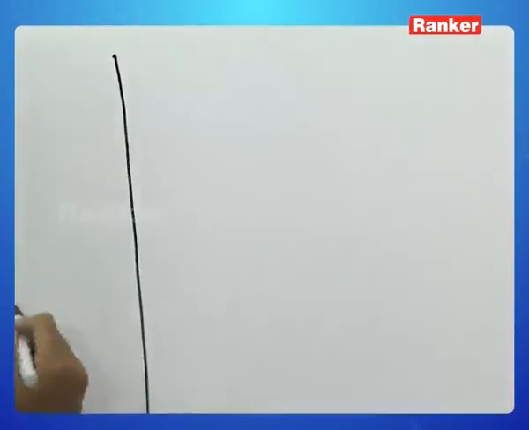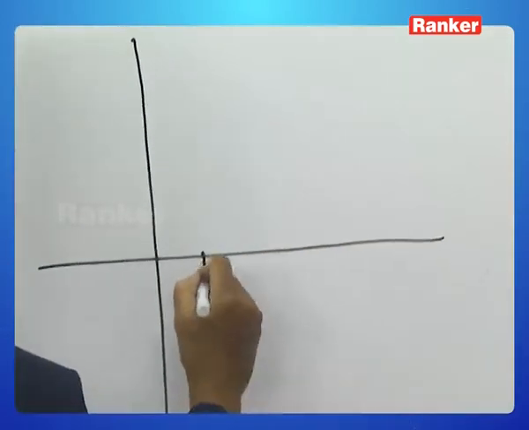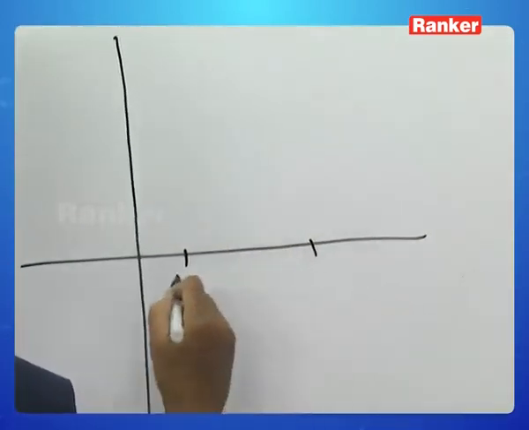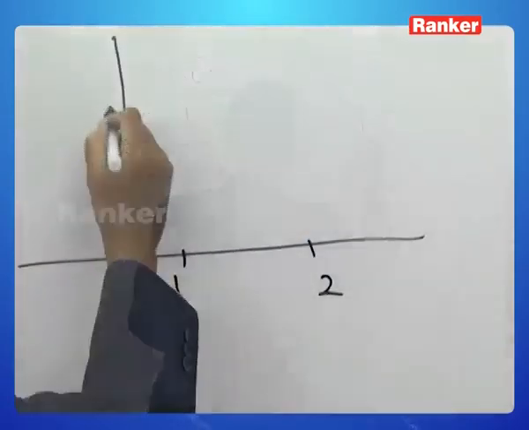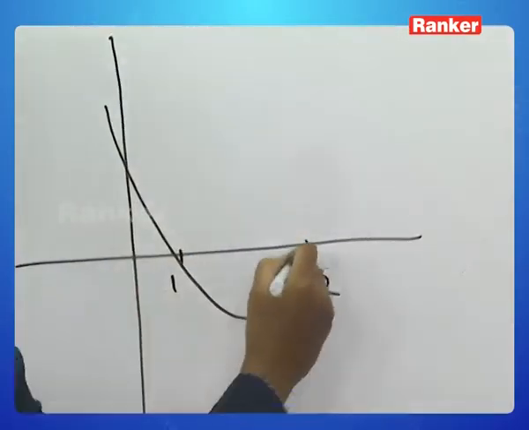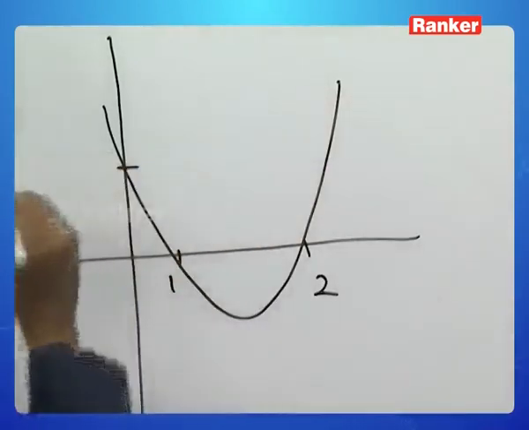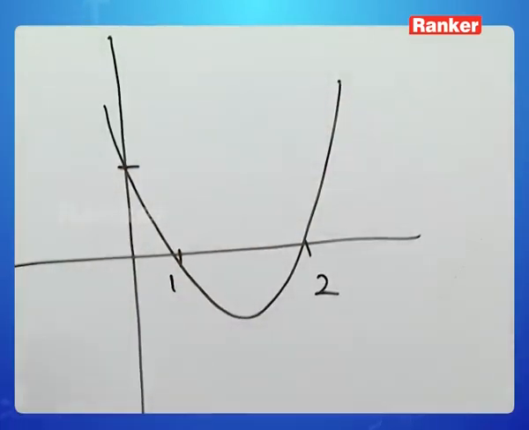Solution diagram. It is intersecting x-axis at 1 and 2. So, we know the parabola is vertical upwards. This is nothing but 2, 0, 2.